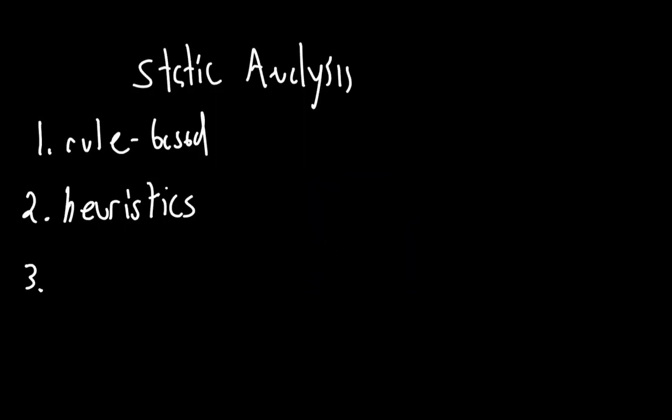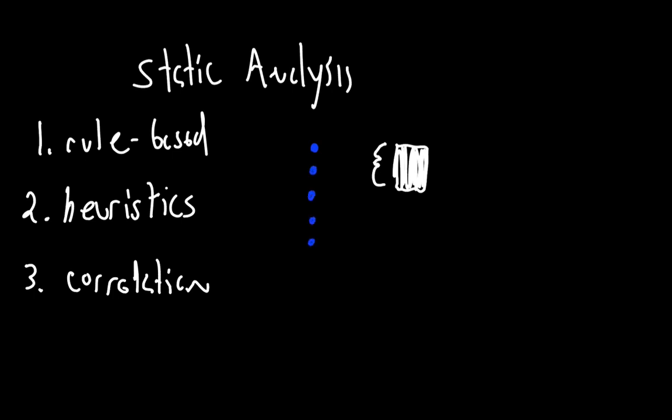The last one I want to speak to is what I'm calling correlation. And correlation is kind of interesting. Let's say we've got our binary right here. What you do for this particular approach is to look at this binary and generate a list of numbers, or you could call it a vector, that summarize what we know about the binary.